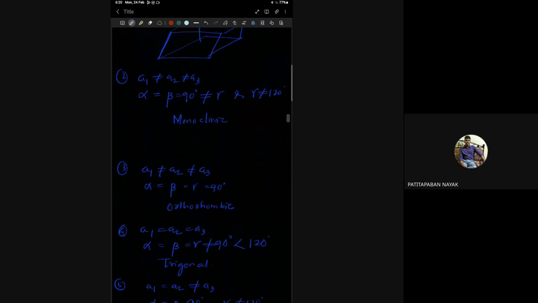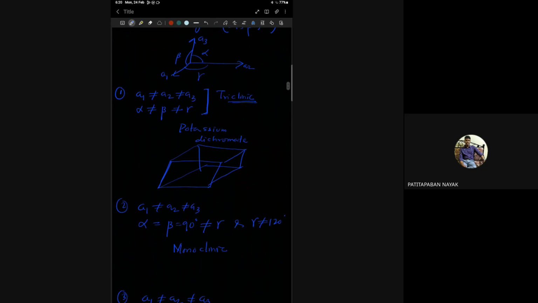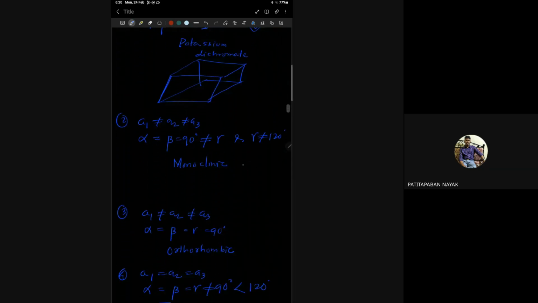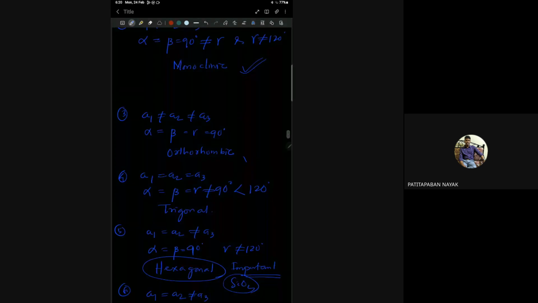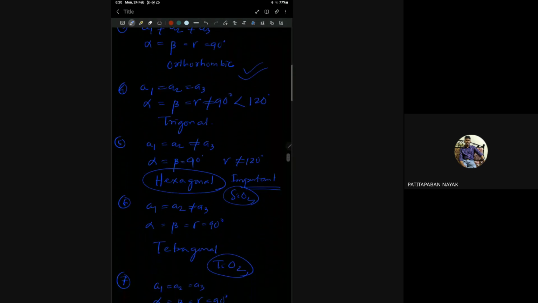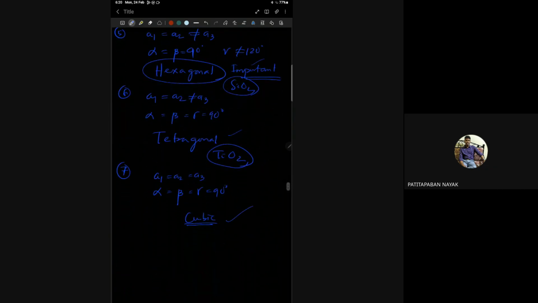As you can see, we started with triclinic, then monoclinic, then orthorhombic, then trigonal, hexagonal, tetragonal, and finally cubic. So somehow you have to remember these relations for the 7 crystal systems.